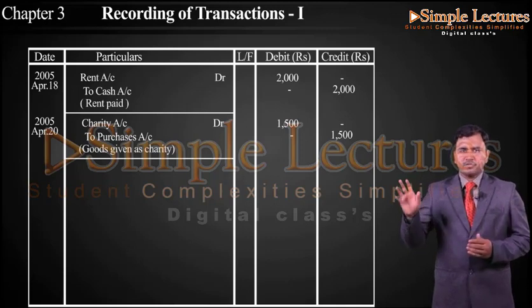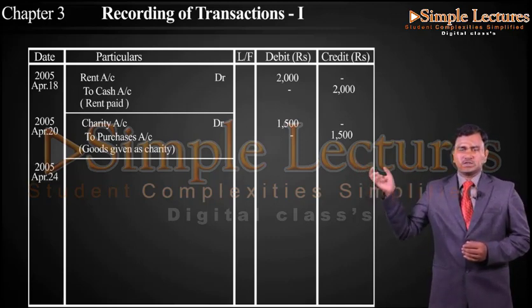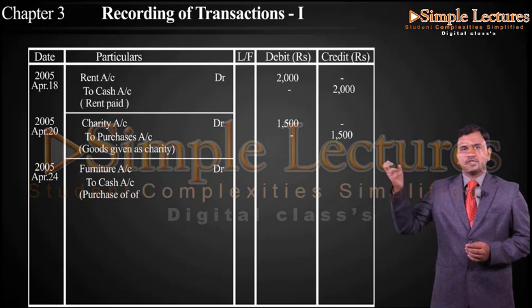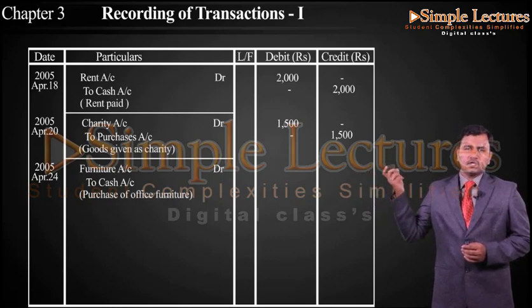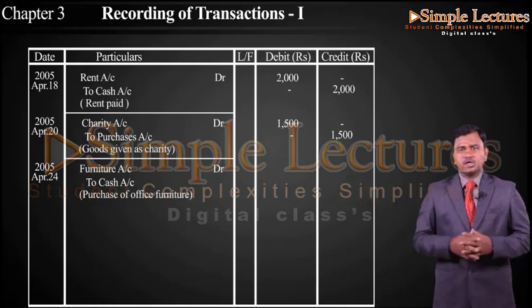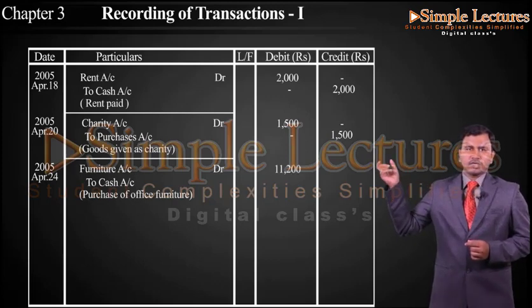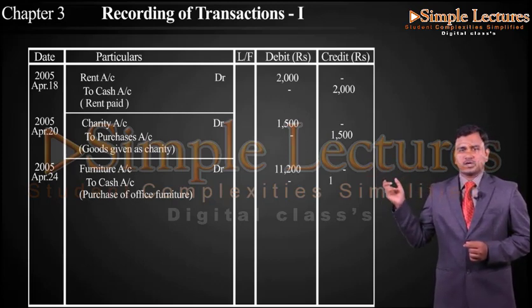So the entry will be 24/4/2005 furniture account debtor to cash account. So here the furniture was purchased for rupees 11,200. For that, the cash is paid 11,200. So here furniture account debtor to cash account, 11,200 debit, again 11,200 credit.